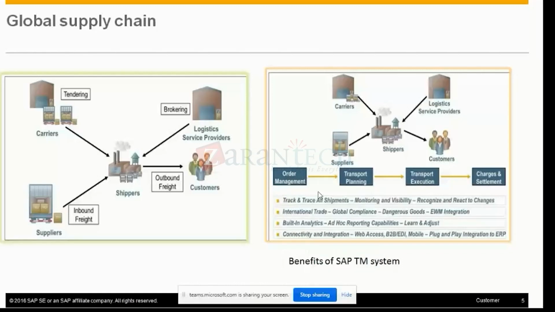Once a shipper has created an agreement with them, they will just come and pick up the goods from the shipping point and deliver them to the customer location. So the amount of work and responsibility of a carrier is much less compared to an LSP. The LSP's work is a different industry, also called the freight forwarder industry. But when it comes to the carrier, the main objective is just to pick up and deliver the goods.